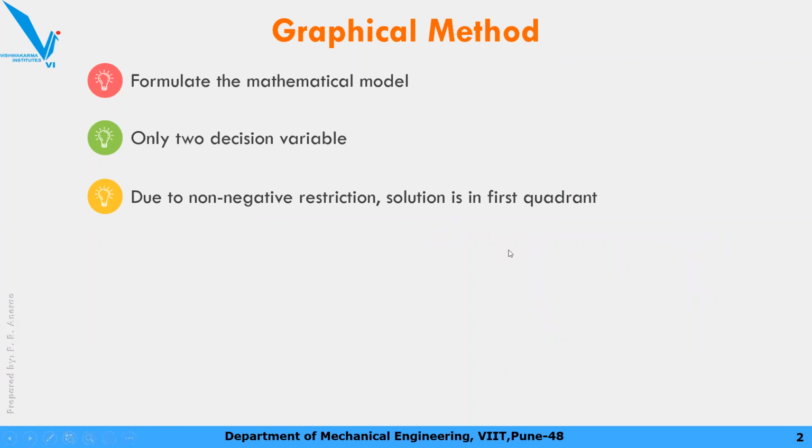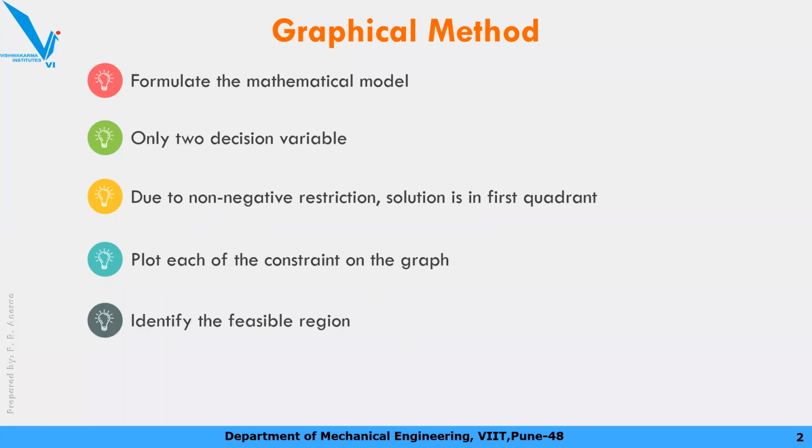Next, the steps of solving using the graphical method: first, formulate the mathematical model. Next step, plot each constraint on the graph. Draw a line representing a constraint. However many constraints are present in the mathematical model, that many lines we need to plot on the graph.